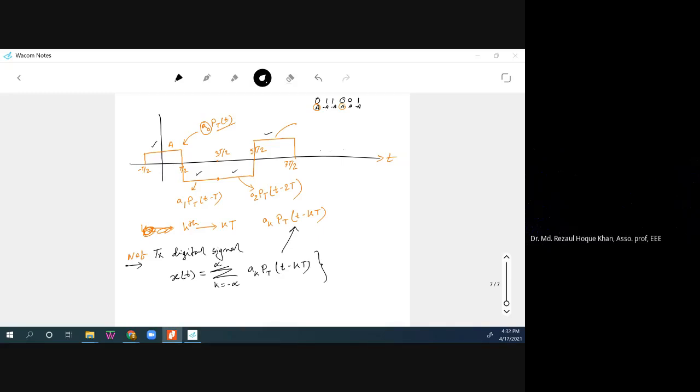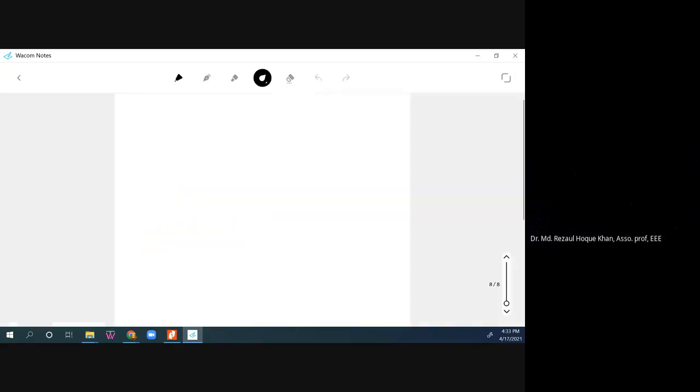Now we know the transmitted digital signal, where we have the symbol and how much it is shifted, right? Now for the kth bit, we don't know whether the kth bit is 0 or 1.